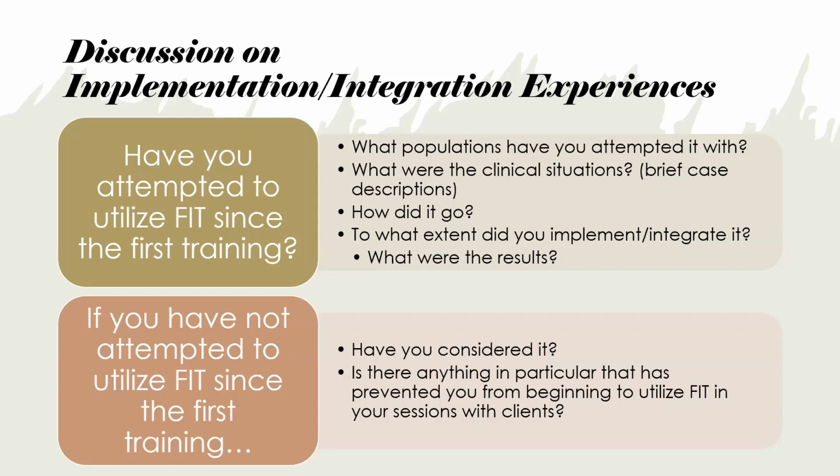And another great thing about FIT is that there is a scale for supervision. I don't know if you noticed, but in the attachment that I sent with the scales, it includes not only the outcome rating scale and session rating scale for adolescents and adults.